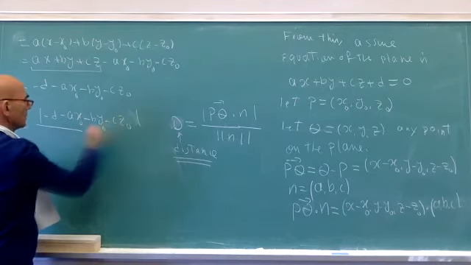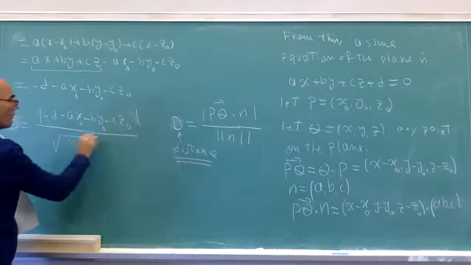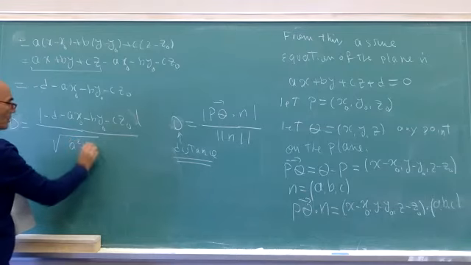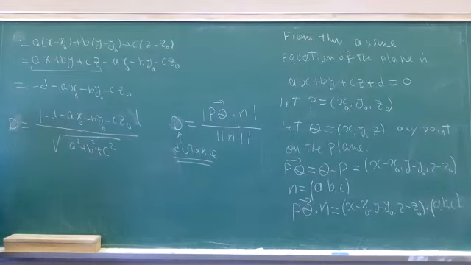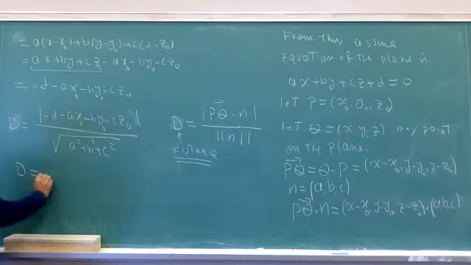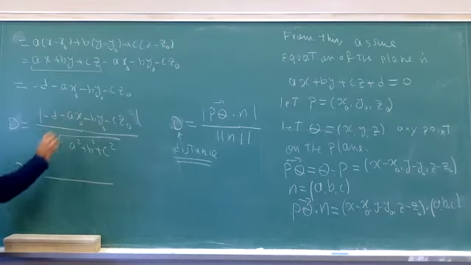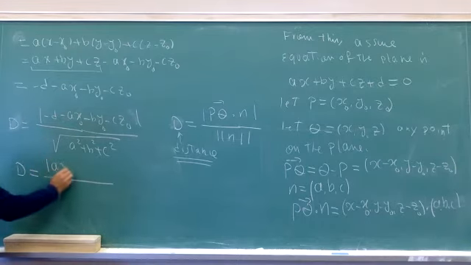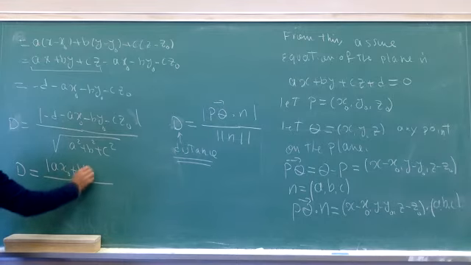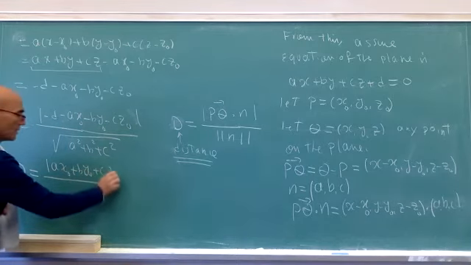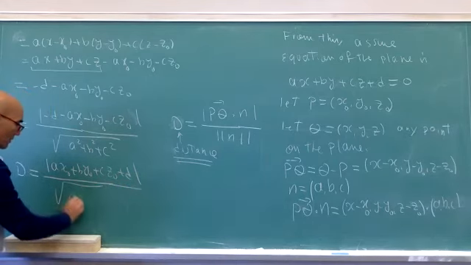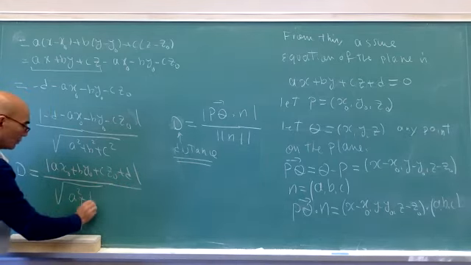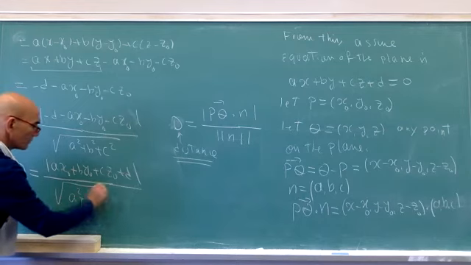It is over the square root of a squared plus b squared plus c squared. Now I can simplify this to look a bit better. It's completely equivalent, but let's write it as the absolute value of ax0 plus by0 plus cz0 plus d over the square root of a squared plus b squared plus c squared.